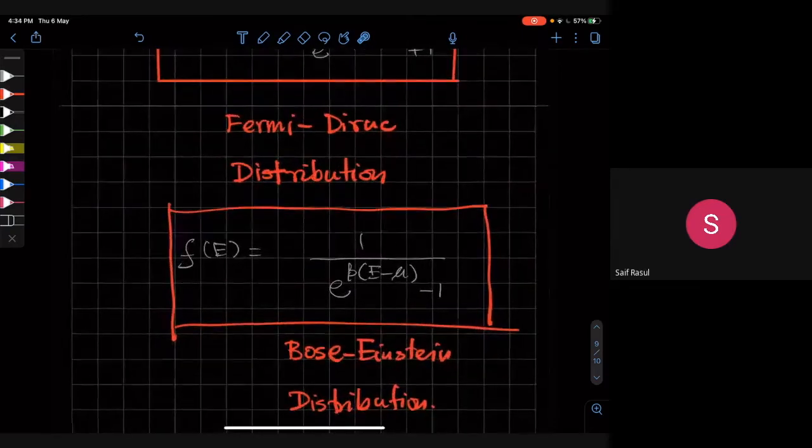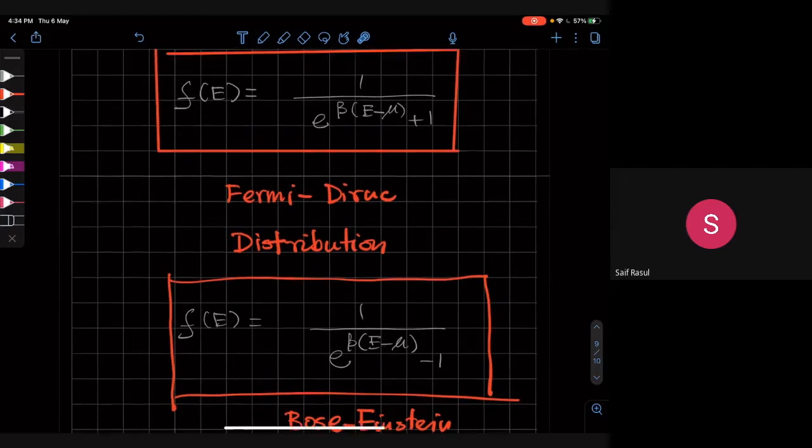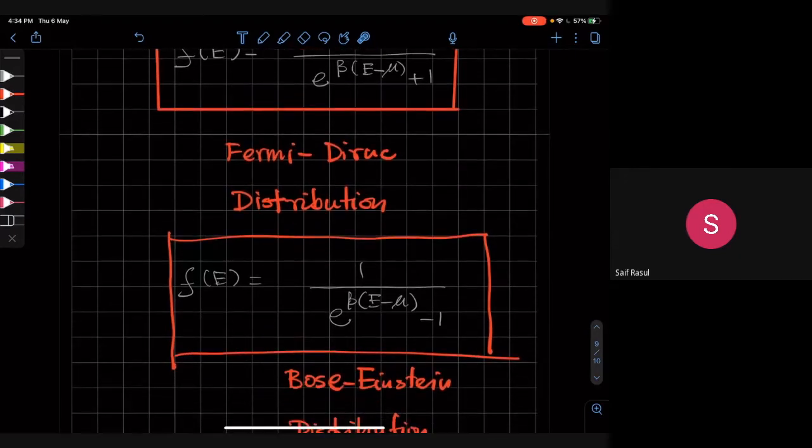These formulas look very similar. Were they discovered independently? Because they have very different names. Yes, they are very different. Their properties are very, very different.